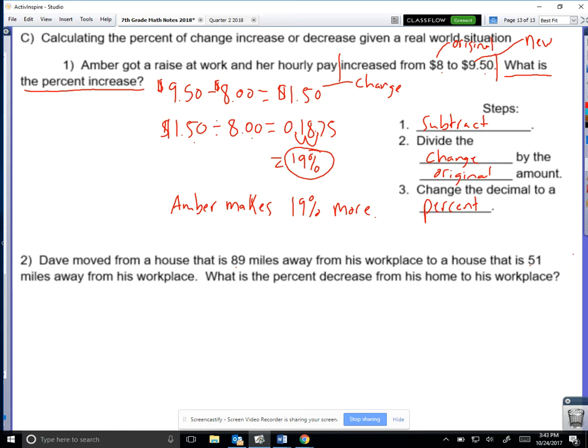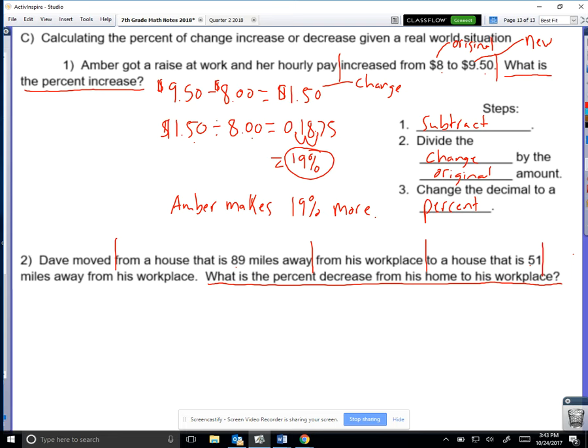All right, so we want to find this right here. What is the percent decrease from his new home now? How much of a percent of miles is he driving less to work? Let's go through here and pick out our math facts. He used to live in a house that was 89 miles away from his work, and now he lives in a house that is 51 miles away from his work.